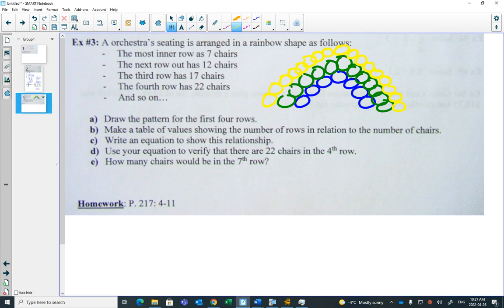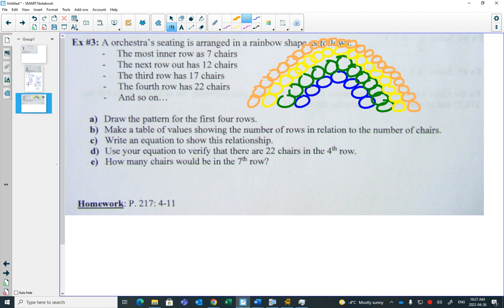Are my colors going in the right order for a rainbow? I was trying to remember the colors of the rainbow. Roy G. Biv.